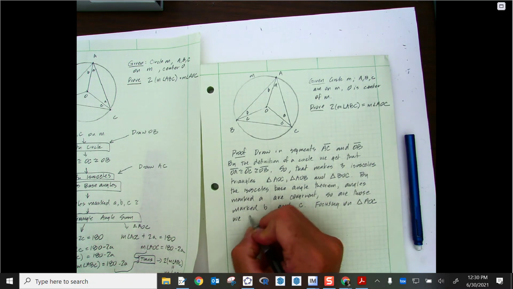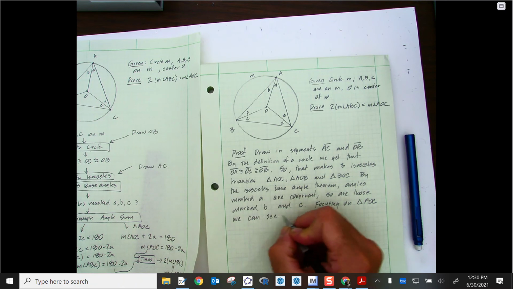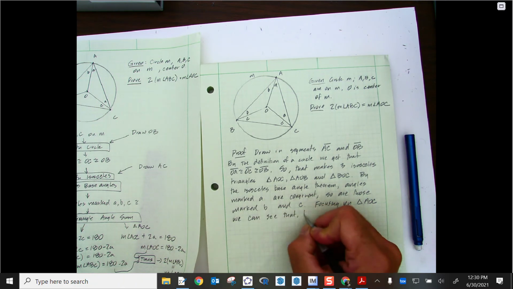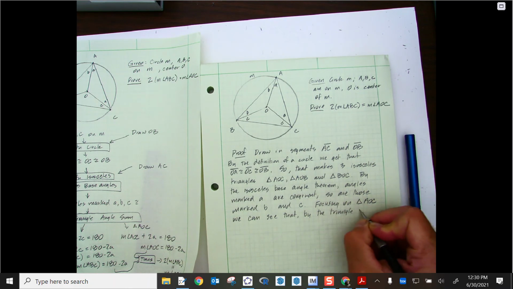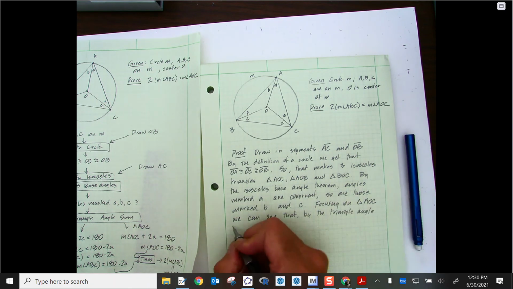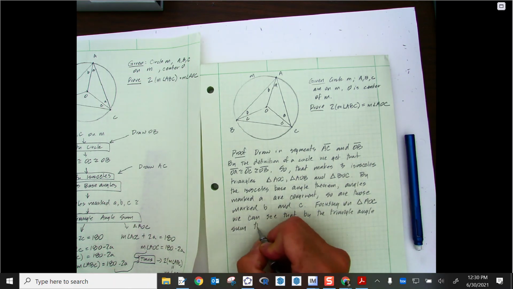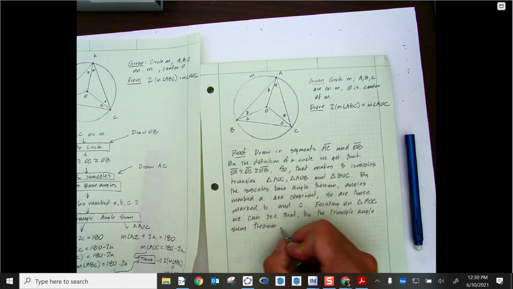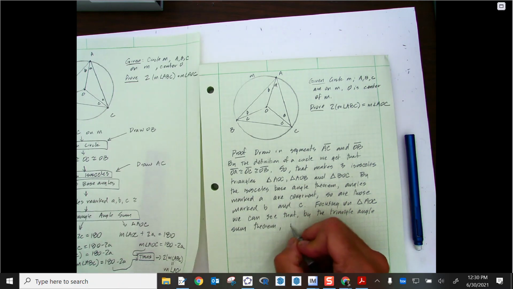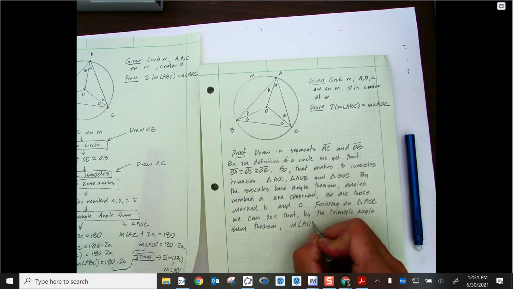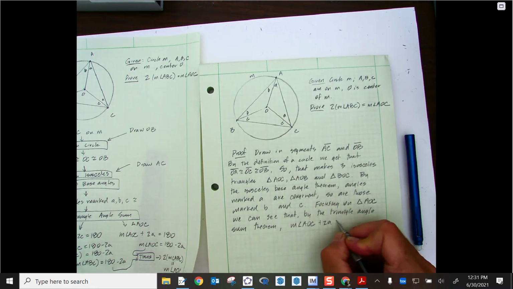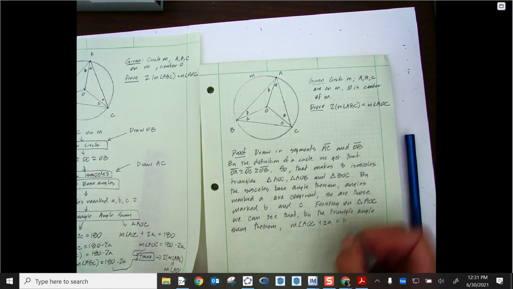We can see that by the triangle angle sum theorem, the measure of AOC plus 2A is equal to 180.